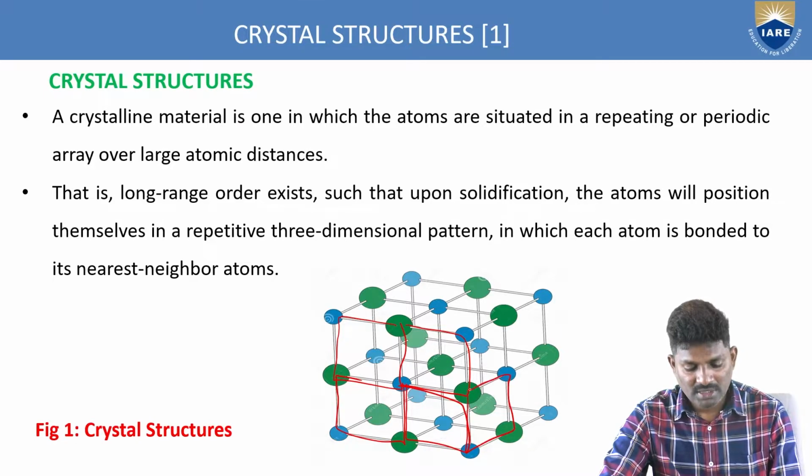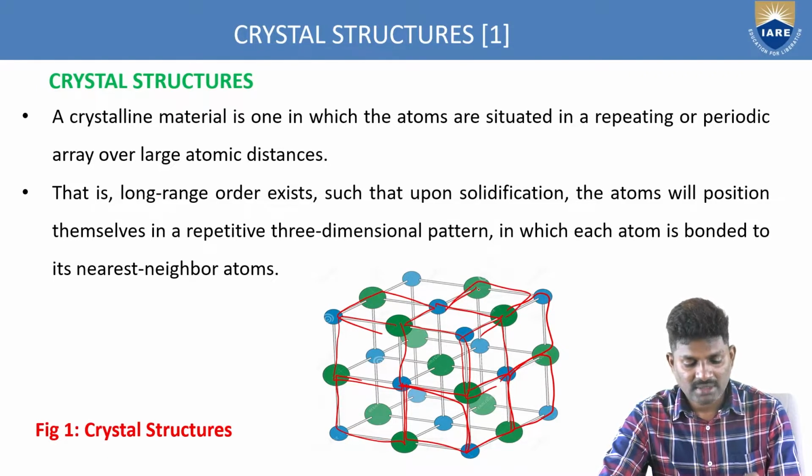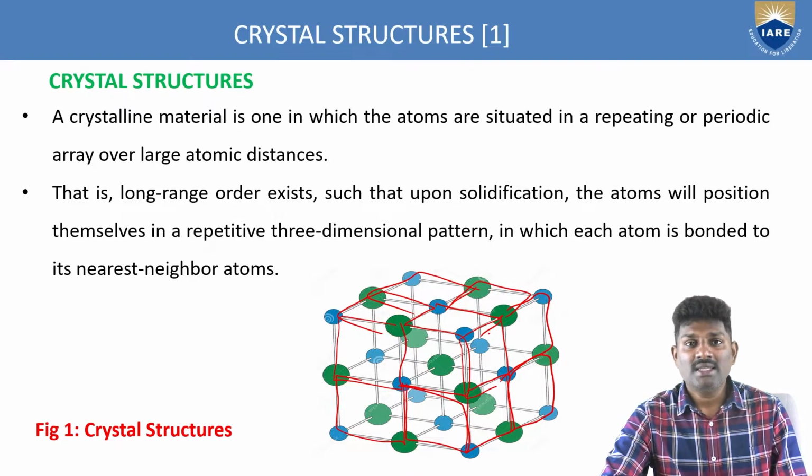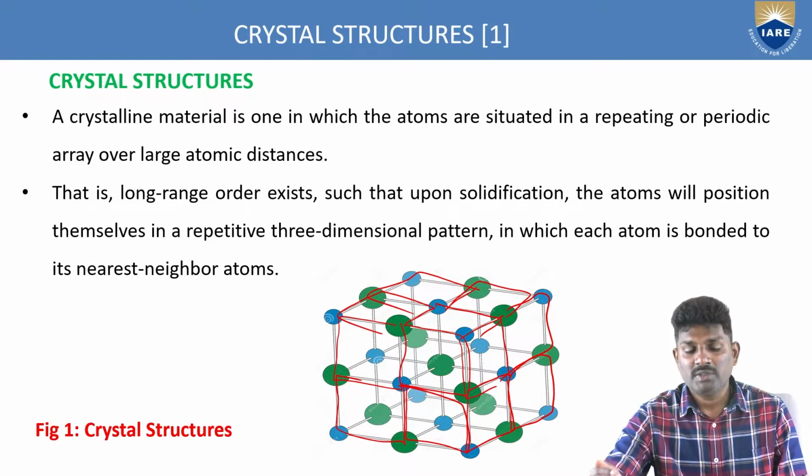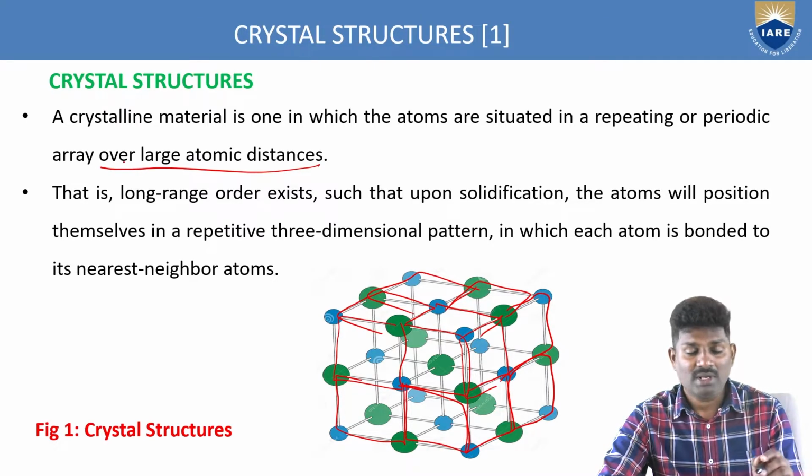You can observe the arrangement of these atoms repeating the same thing, and at the same time it is arranged periodically. So like that, you can see the crystalline structure. It should be a repeating or periodic array over a large atomic distance.